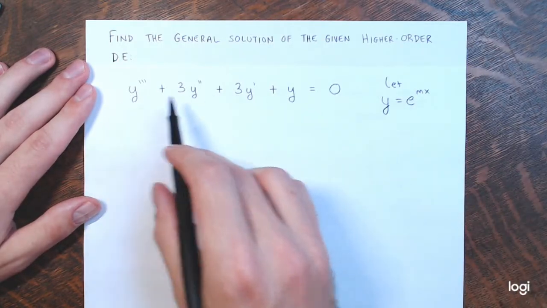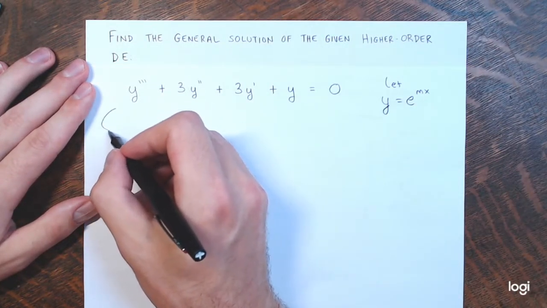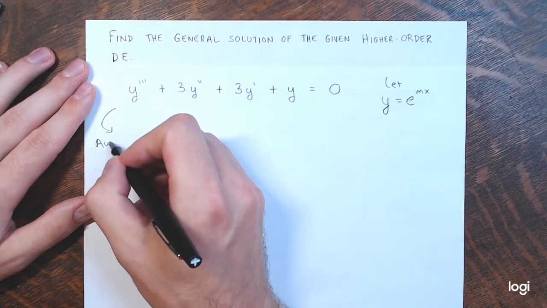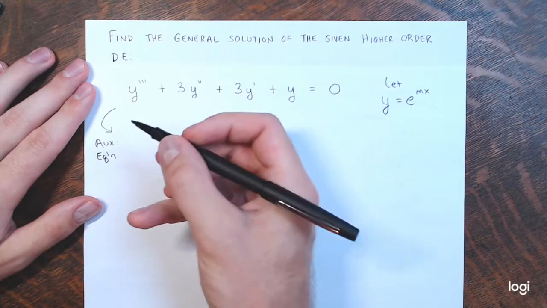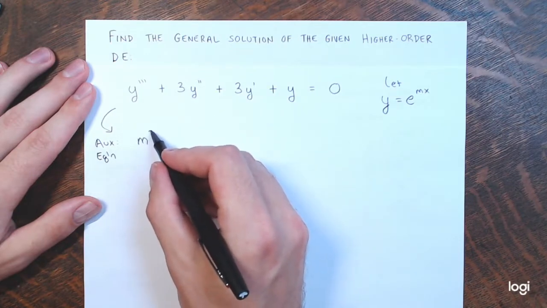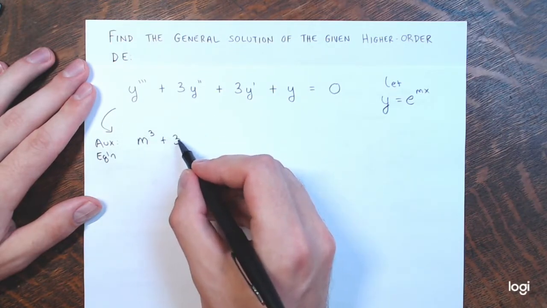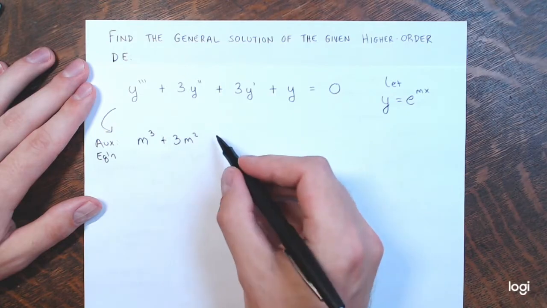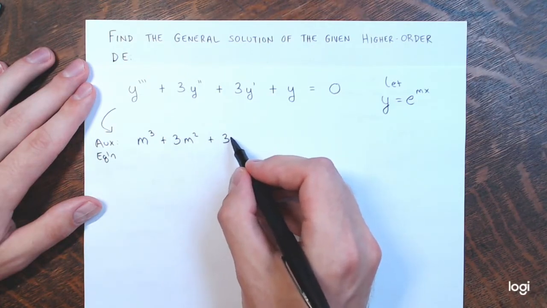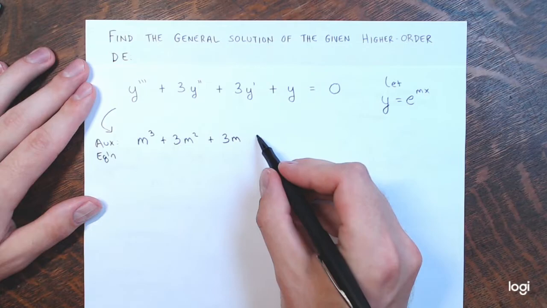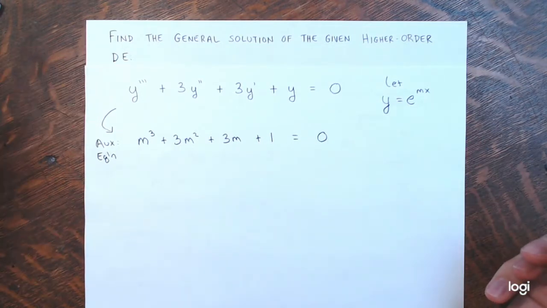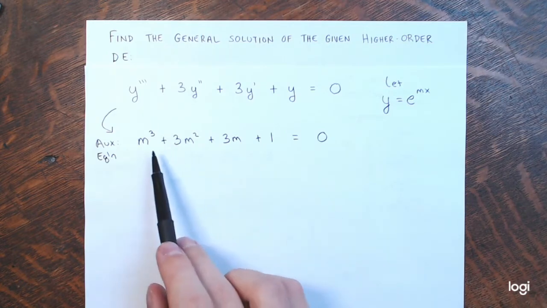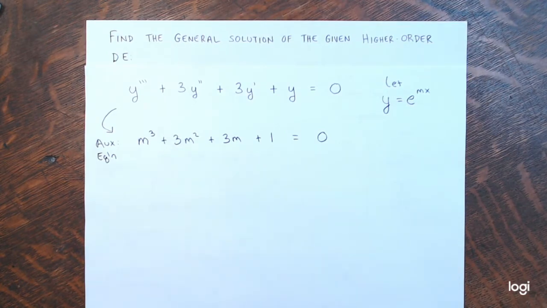And then we get our auxiliary equation or characteristic equation. In this case that would be m cubed plus 3 times m squared plus 3 times m plus 1 equals 0.